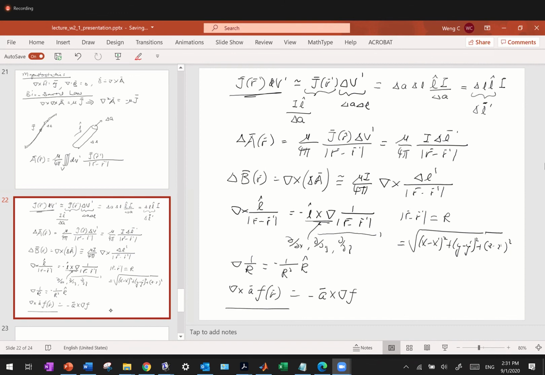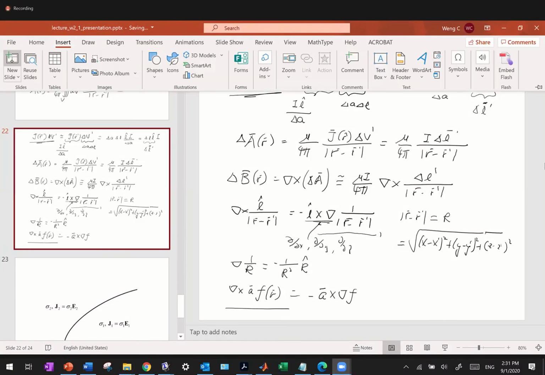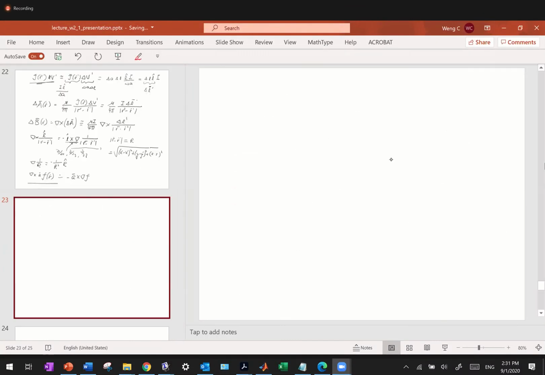What I want to say is that finally you can show that the incremental B is equal to mu I over 4 pi r squared, dL prime cross with 1 over r squared r hat.